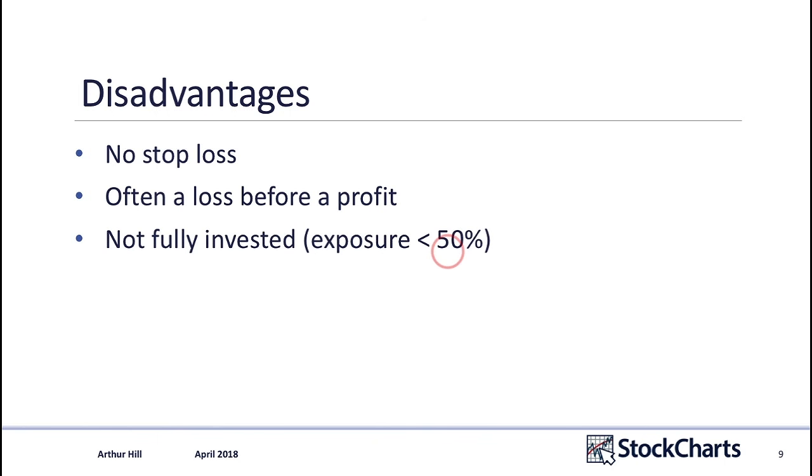And so this makes it a counterintuitive strategy, as I'll show in a minute. The other side that people find a disadvantage is you're not fully invested. The exposure is typically less than 50%. So less than 50% of the time you actually have a position in the market. And as I said, it is counterintuitive. It really takes some discipline to buy that dip.